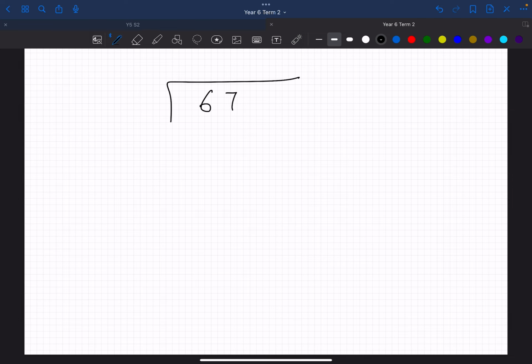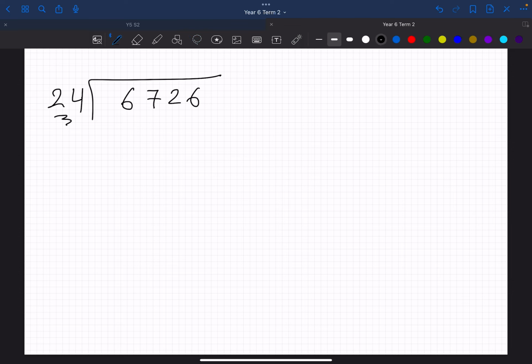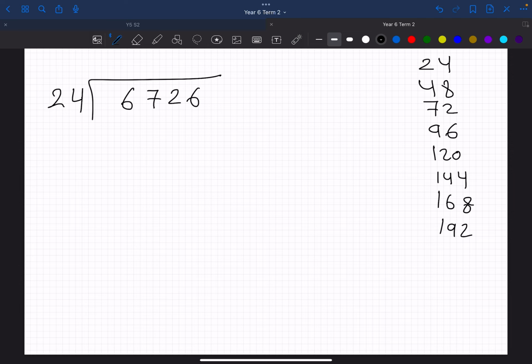Let's do 6,726 divided by 24. So we're gonna have to write the 24 times table, right? Like I told you, this is our divisor. I'm gonna think about this number's times table. 24 times 1 is 24, 48, then 72, then 96, then 120, then 144, then 168, then 192, then 216, then 240.